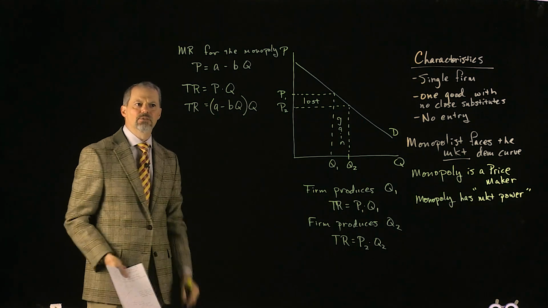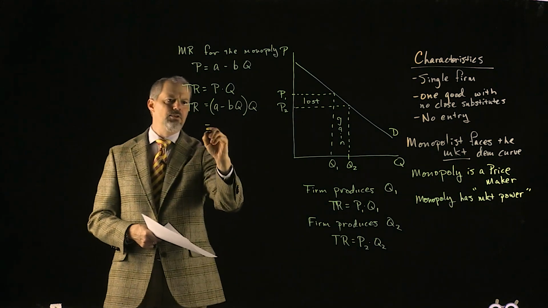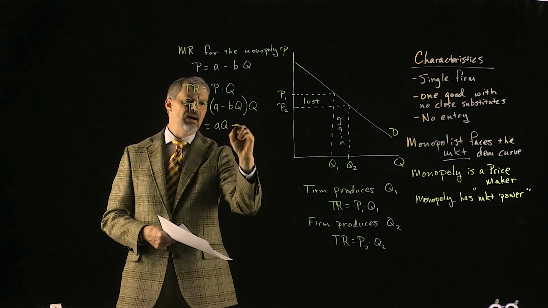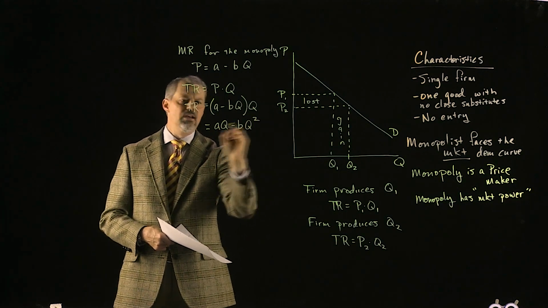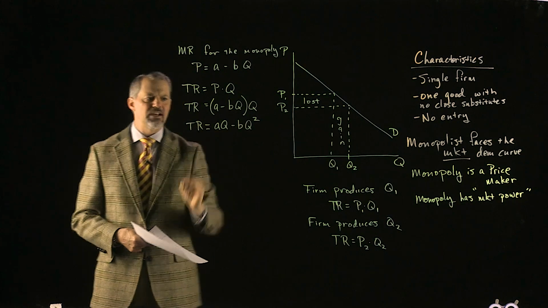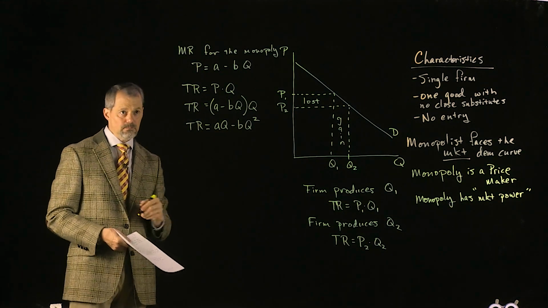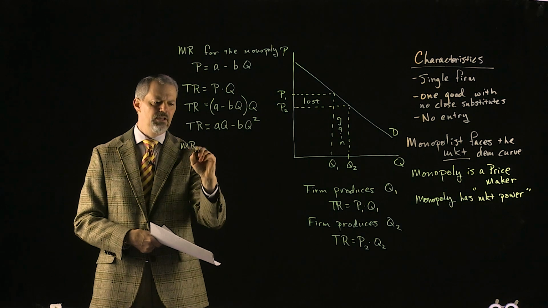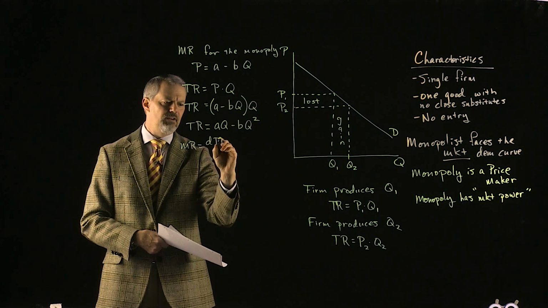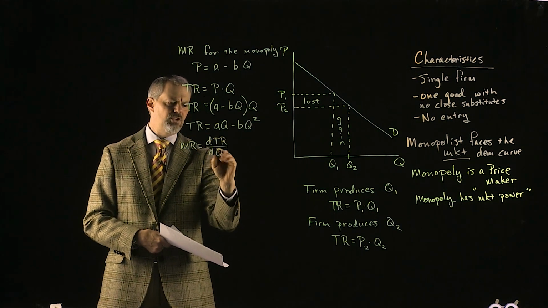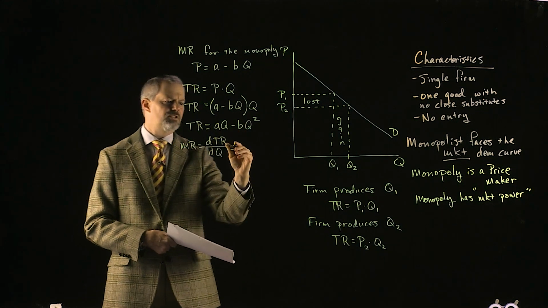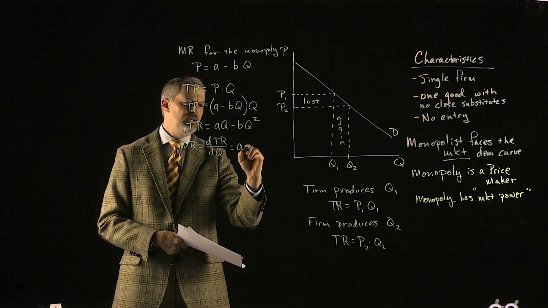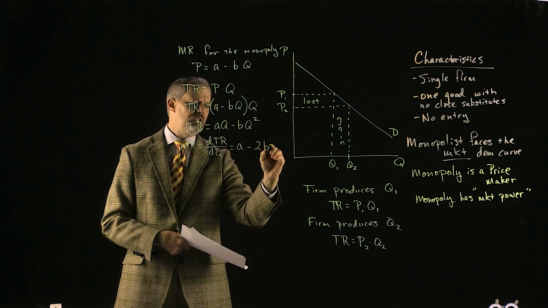I'm going to distribute that Q through. That's equal to AQ minus BQ squared. There's what total revenue looks like for the monopoly. We want marginal revenue, which is the derivative of total revenue with respect to Q. If you take the derivative of this, you get A minus 2BQ.